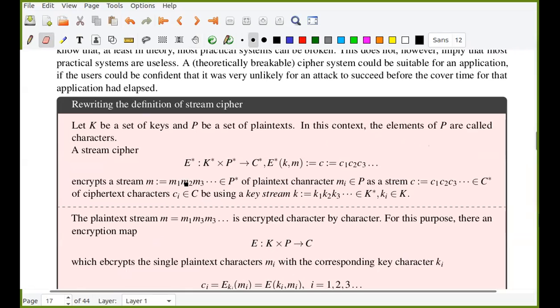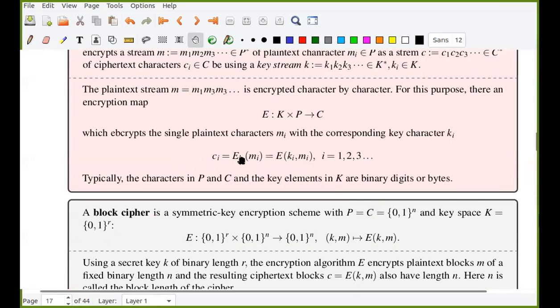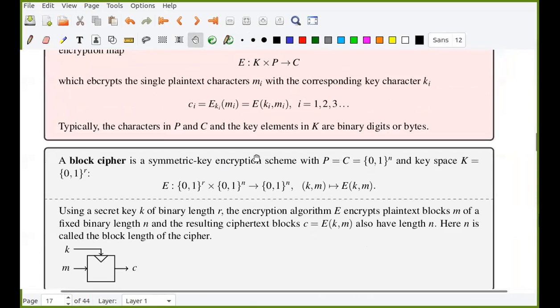My message M1, M2, M3 and so on belongs to P star. My key K1, K2, K3 and so on belongs to K star. Now C equals C1, C2, C3, which is in C star. So M1 plus K1, M2 plus K2, like that. That comes from E, but I can apply it to the entire string. This is called a stream cipher.